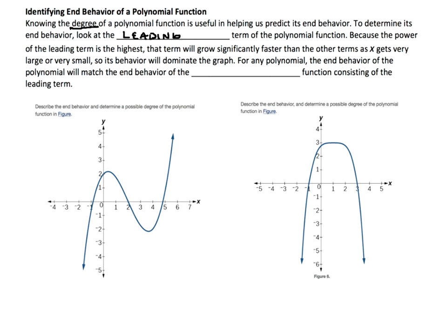Because the power of the leading term is the highest, that term will grow significantly faster than the other terms as x gets very, very large or very, very small. So its behavior will dominate the graph. For any polynomial, the end behavior of the polynomial will match the end behavior of the power function that is associated with that polynomial function as its leading term.